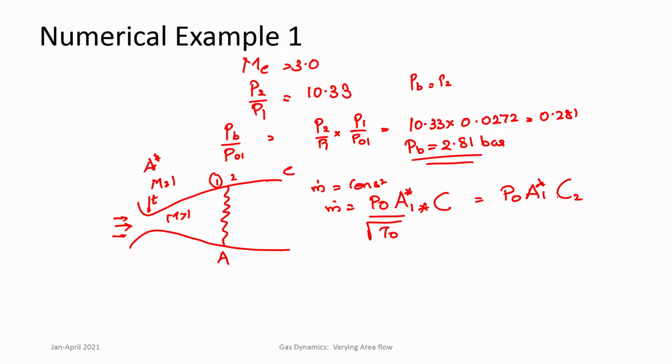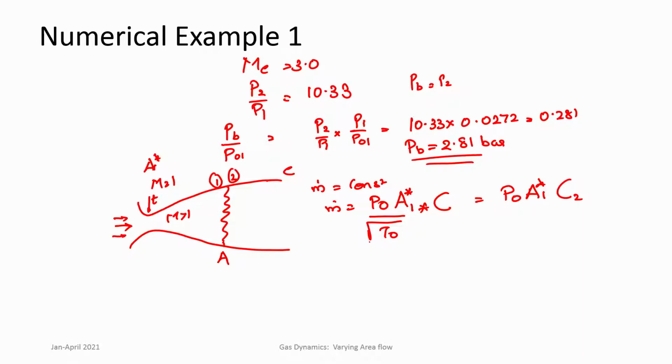But now you have a shock in between. Across the shock, mass is conserved, so your mass flow rate is conserved. So across the shock, if I take 2, then at 2 also the mass flow rate should be the same. But what about P0? P0 across the shock is not constant because there is entropy generation. So what has happened now?